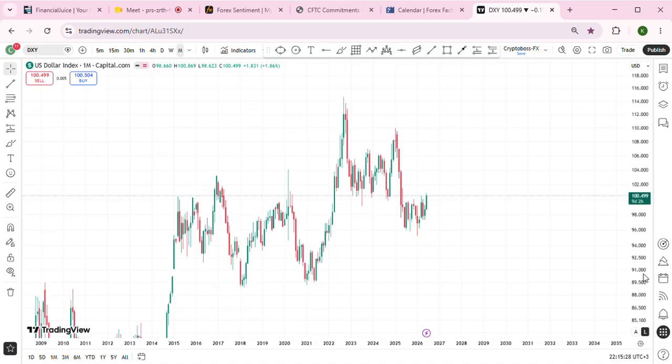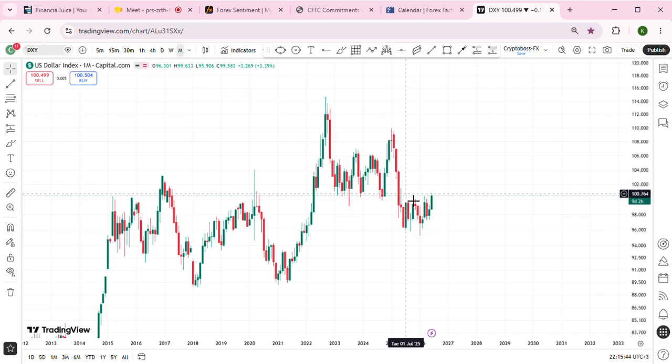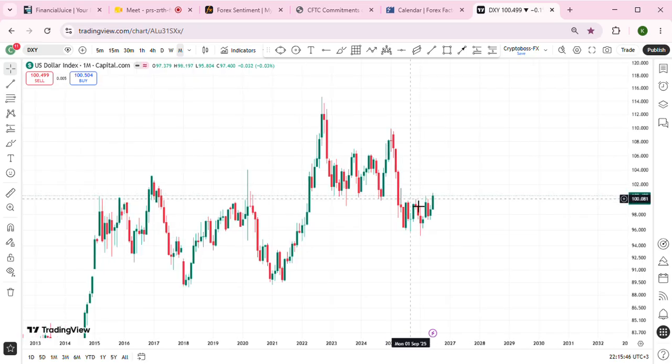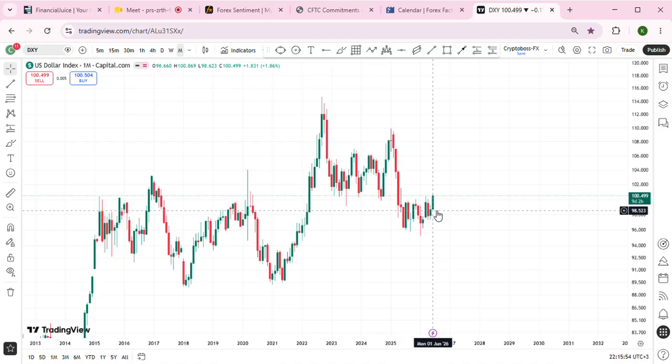Like in this case, you can see what the market has done. We have had a lot of liquidity here previously, but the current month's candlestick, you can see it's sweeping out.